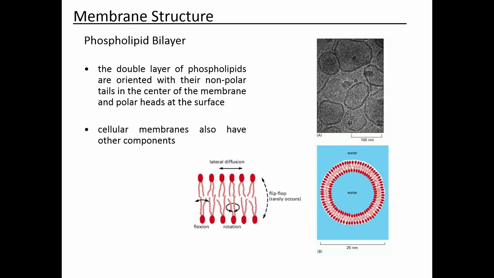If there's high temperature, it decreases fluidity, but at low temperatures, it increases fluidity. So again, the effect that cholesterol has on membrane fluidity is going to counteract the effect that temperature has on the fluidity of the membrane. So again, at high temperatures, cholesterol decreases fluidity, and at low temperatures, cholesterol increases fluidity.